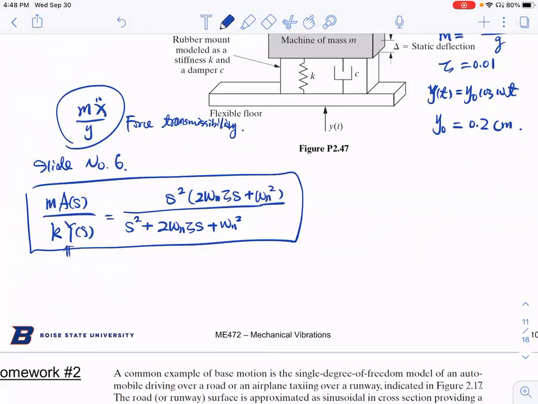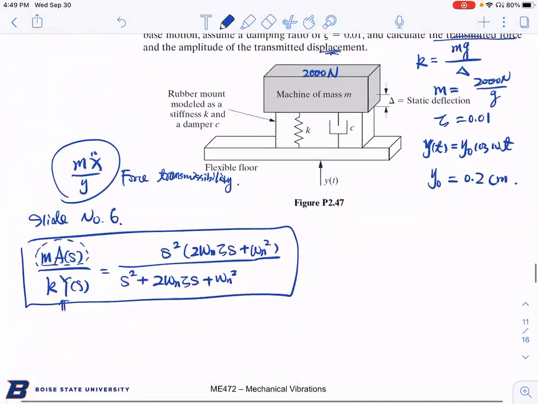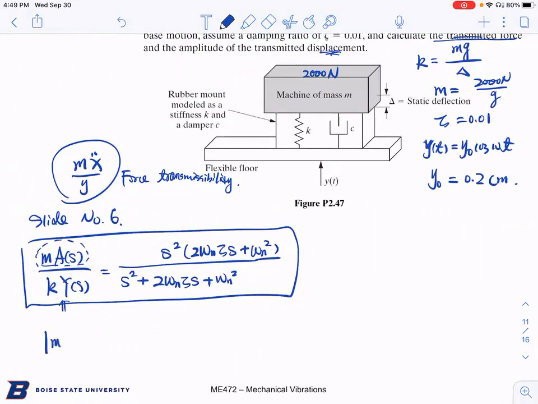As you can see here, K times Y gives you a unit of Newton. M times A also gives us a unit of Newton. So that's your force transmissibility. And here we want to determine how much force is transmitted, so you want to calculate M times A(s). You have to calculate the magnitude of your transfer function, multiplied by the magnitude of your input. The magnitude of your input is K times Y naught.